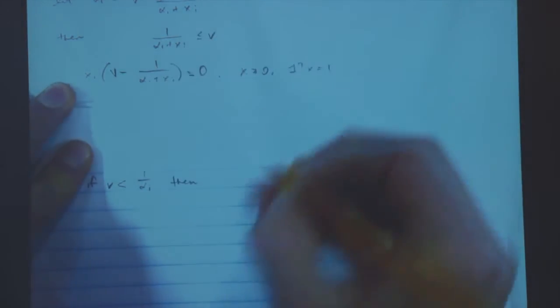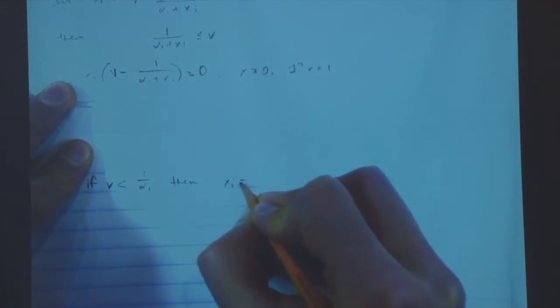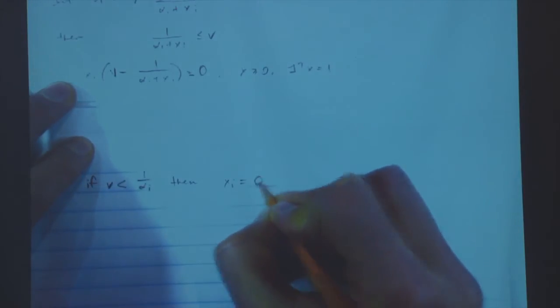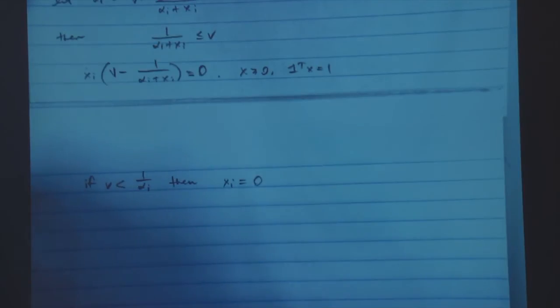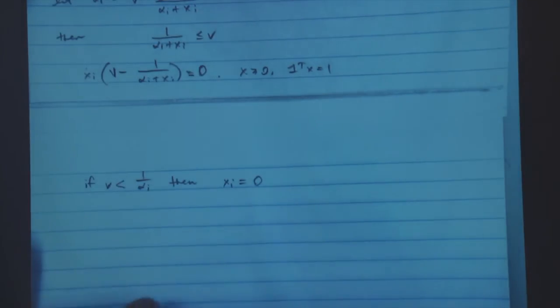So let's suppose first we chose x_i to be equal to 0. Is that going to work? Let's look at this set of equations here.